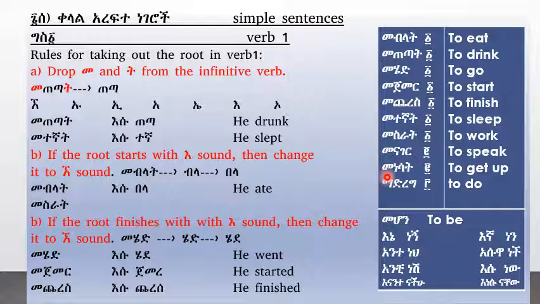Here I have written some basic verbs. መብላት, to eat. መጠጣት, to drink. መሄድ, to go. መጀመር, to start. መጨረስ, to finish. መተኛት, to sleep. መስራት, to work. መናገር, to speak. መነሳት, to get up. ማድረግ, to do.